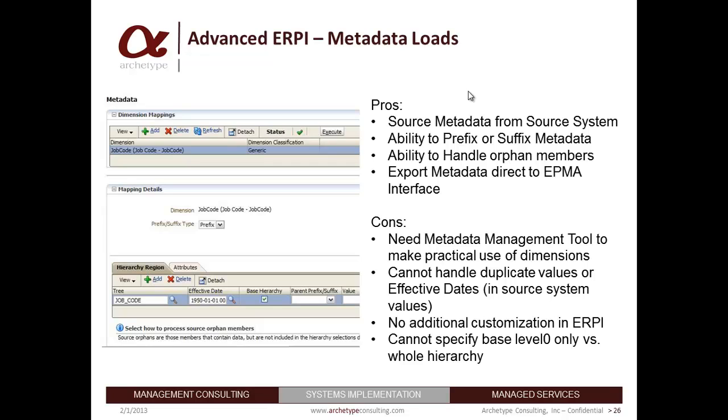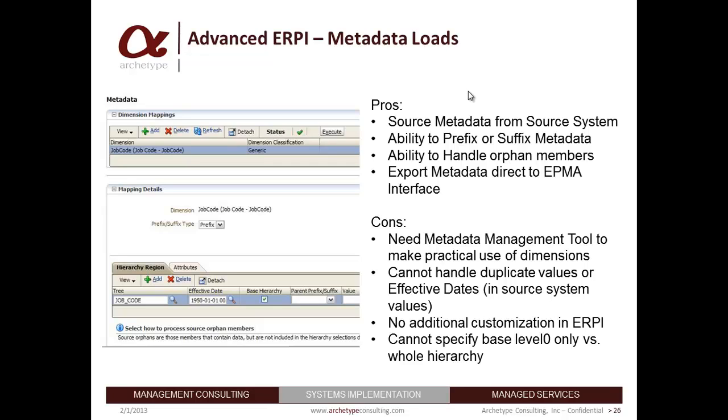ERPI connected to PeopleSoft, grabbed the accounts dimension, automatically put it in EPMA, and from there we could deploy our cube, which had the accounts dimension from PeopleSoft. So you could essentially automate the whole journey of the accounts dimension from PeopleSoft to your cube using ERPI, which is kind of neat.